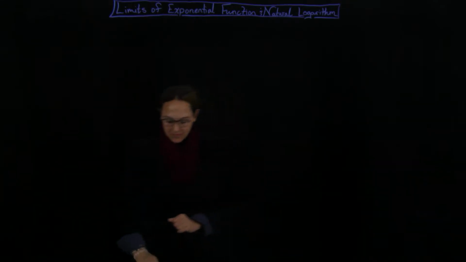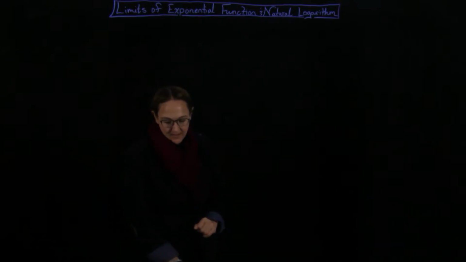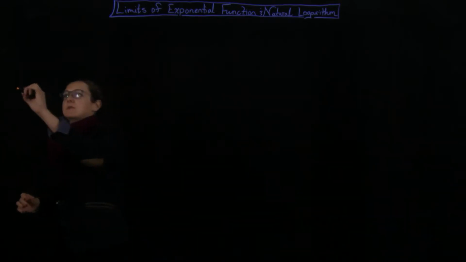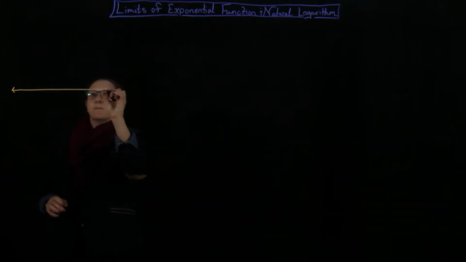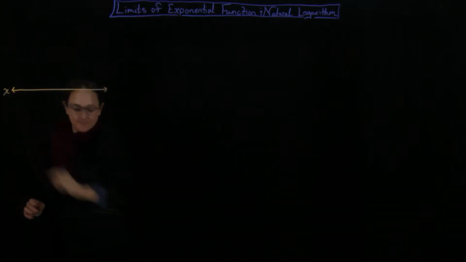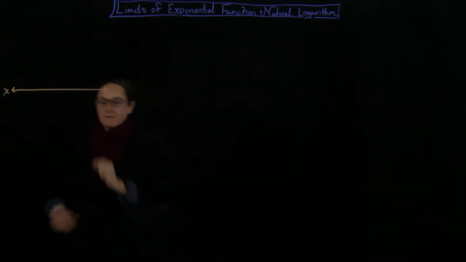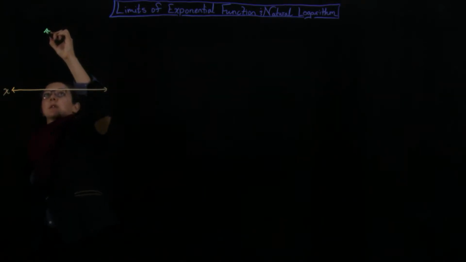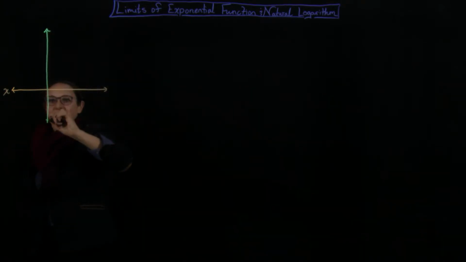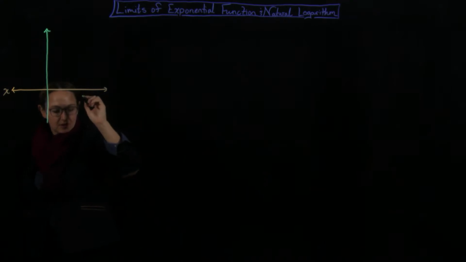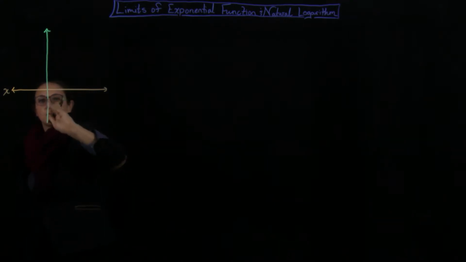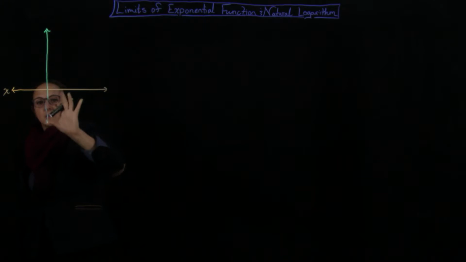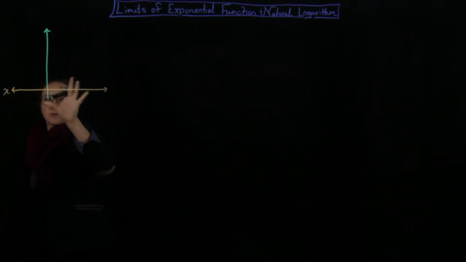Okay, so to get started, I'm going to draw the graph for you. We're going to do the exponential function first. You can get Desmos or whatever you would like to draw this graph for you, if you ever want. There are lots of tools for this even online these days.